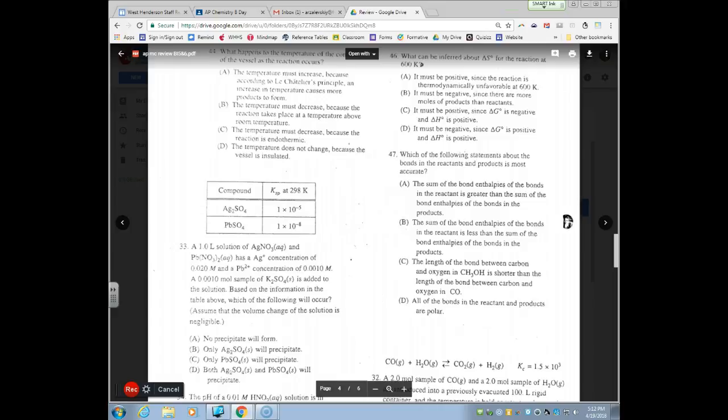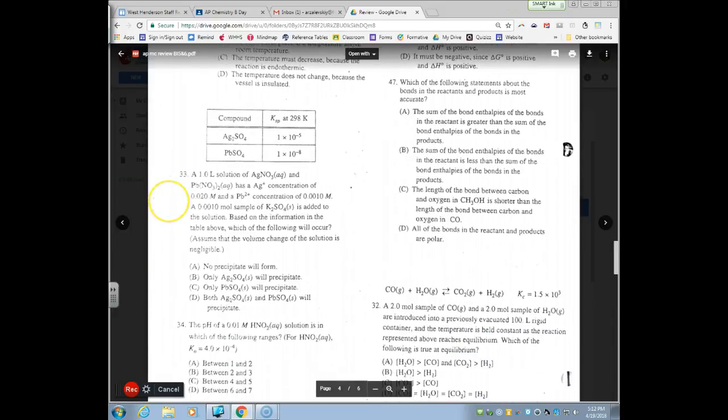Okay, so then we get to number 33. And we're dealing with two slightly soluble salts. We see silver and lead, which often make things insoluble. We do notice that lead has a smaller KSP than silver. So that means that it is less soluble than silver sulfate.